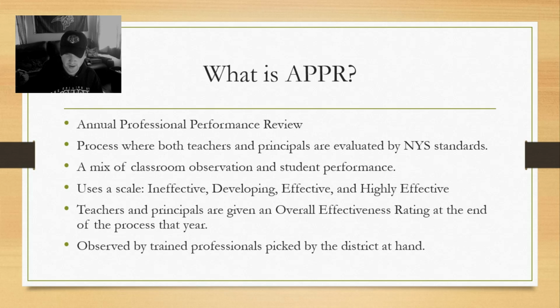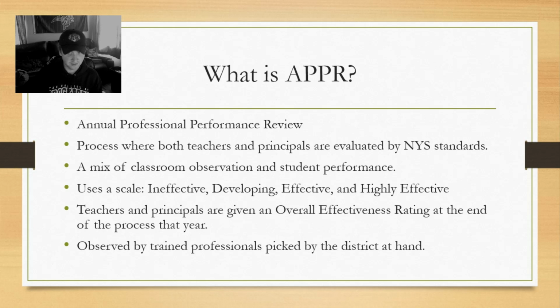So it's a mix of classroom observation as well as student performance, like the grades on the standardized tests. And obviously the observation is like the bottom bullet point, the trained professionals handpicked by the district. They're coming in and watching the teacher. And then they use a scale.